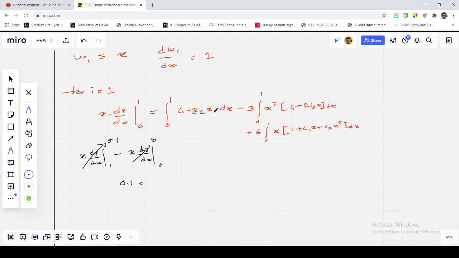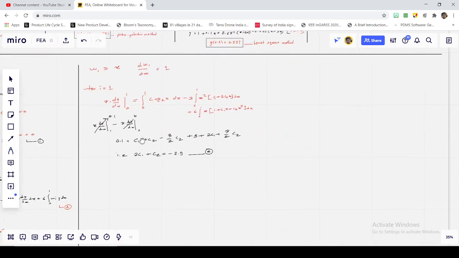Okay, and effectively integrating this, you will get c1 plus c2 minus 3 by 2 c2 plus 3 plus 2c1 plus 3 by 2 c2. Okay, and finally you will get the first integral, that is 2c1 plus c2 is equal to minus 2.9. This will be your one equation of c1 and c2.